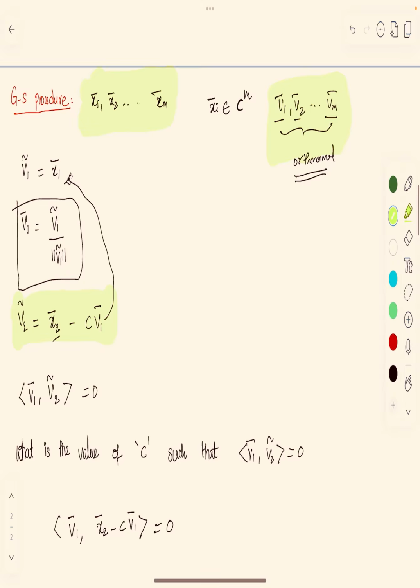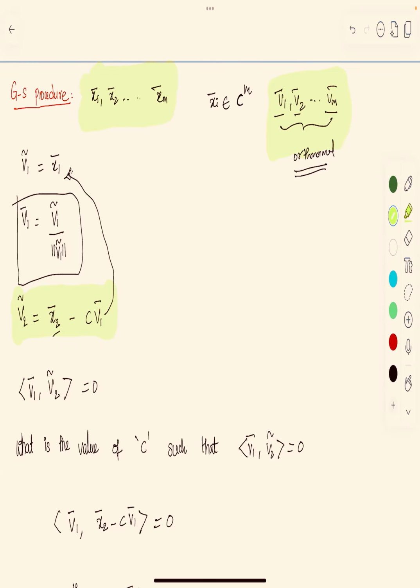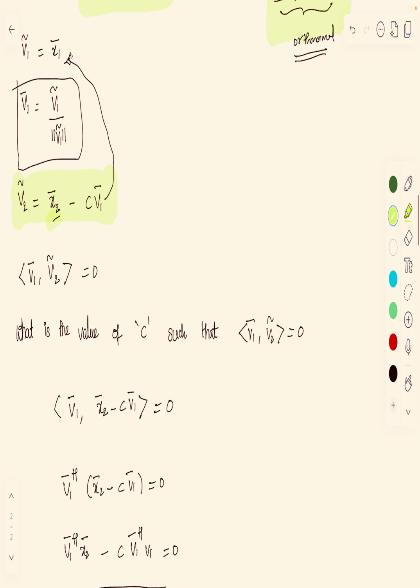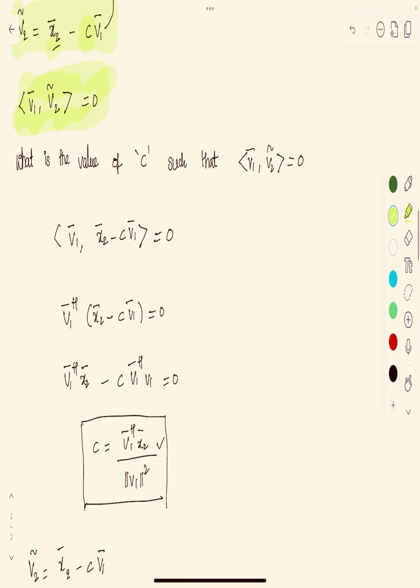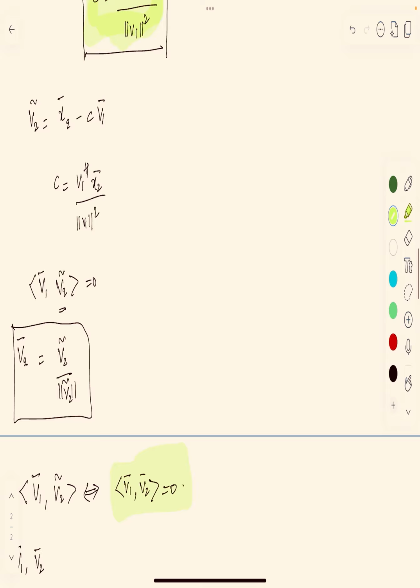The first step is that we start with the first vector x1 bar, and v1 bar is nothing but the normalized version of x1 bar. Then for x2 bar we try to remove the dependency on x1 bar. We figure out the constant c which makes sure that this inner product goes to 0.